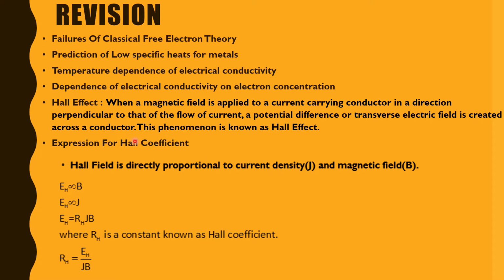So the Hall coefficient expression is RH is equal to EH by JB, where RH is the Hall coefficient, EH is the Hall field, or we can say Hall voltage, J is the current density, and B is the magnetic field.